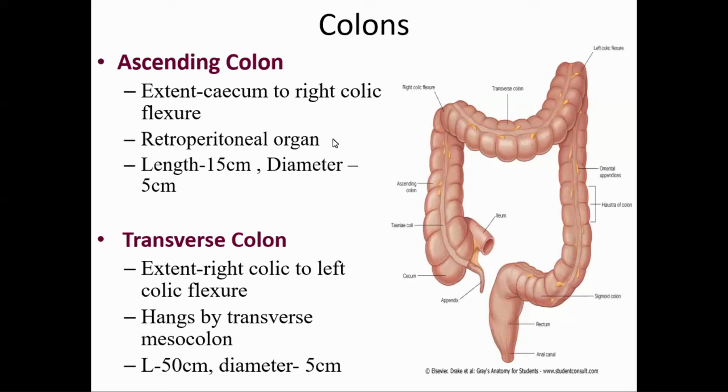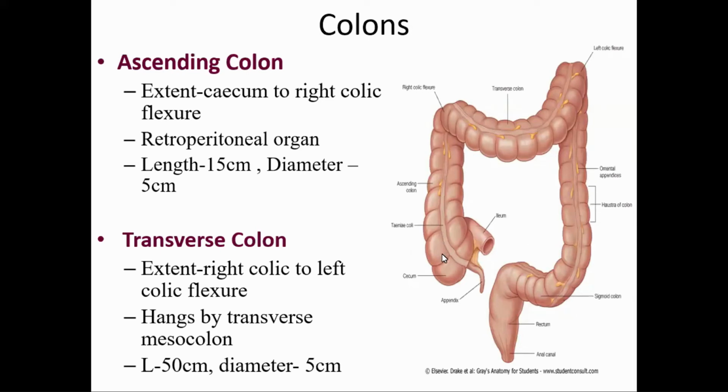Now the ascending colon is a retroperitoneal organ, and it extends from the cecum to the right colic flexure. This right colic flexure is also called the hepatic flexure. It extends from the junction of the cecum and the ascending colon, which is the transtubercular plane.